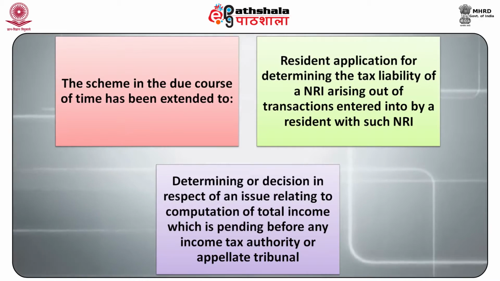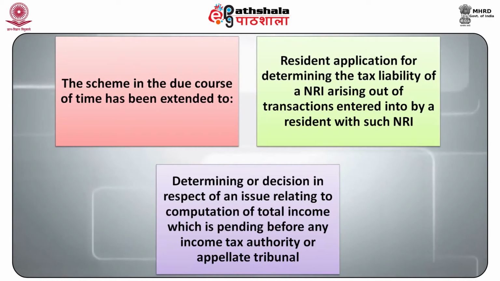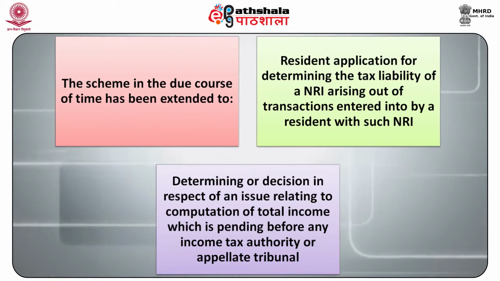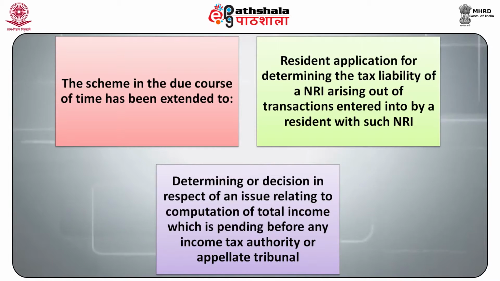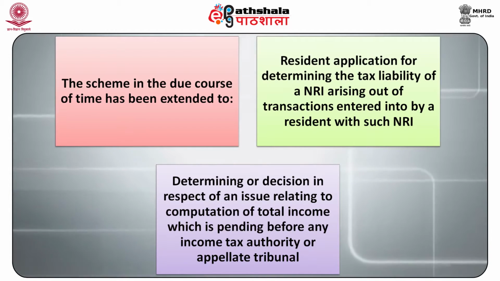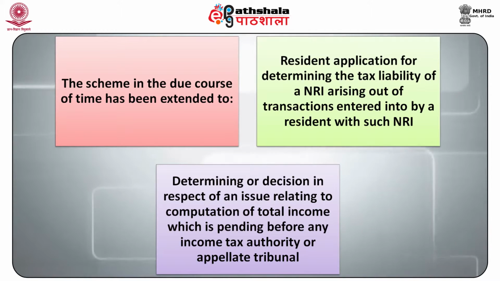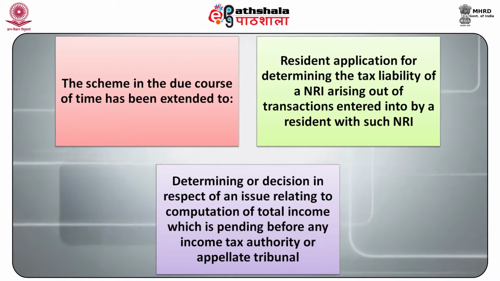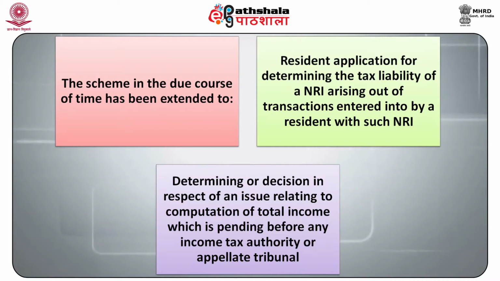The scheme in due course of time has been extended to: A. Resident applicants for determining the tax liability of an NRI arising out of transactions entered into by a resident with such NRI. B. Determination or decision in respect of an issue relating to computation of total income which is pending before any income tax authority or Appellate Tribunal.